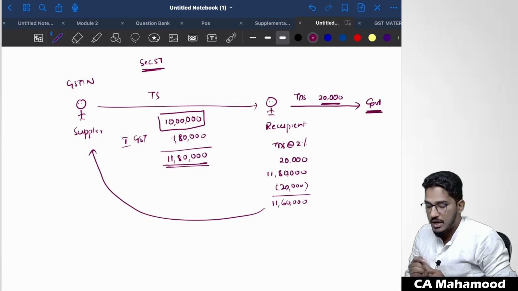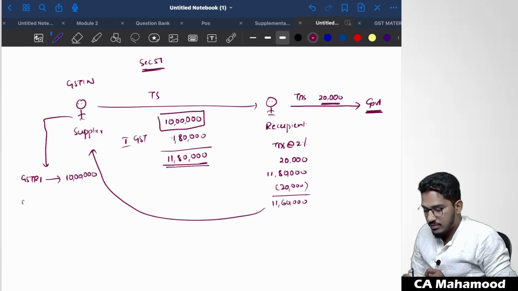Now, on the supplier side, he will file GSTR1. In his GSTR1, he will show the outward supply as 10 lakh rupees. Now GSTR3B will be generated. In the GSTR3B, his IGST output tax liability of 1,80,000 will be shown.